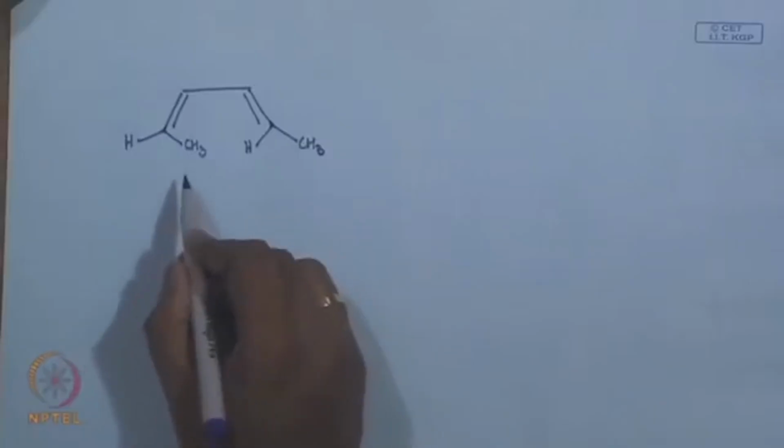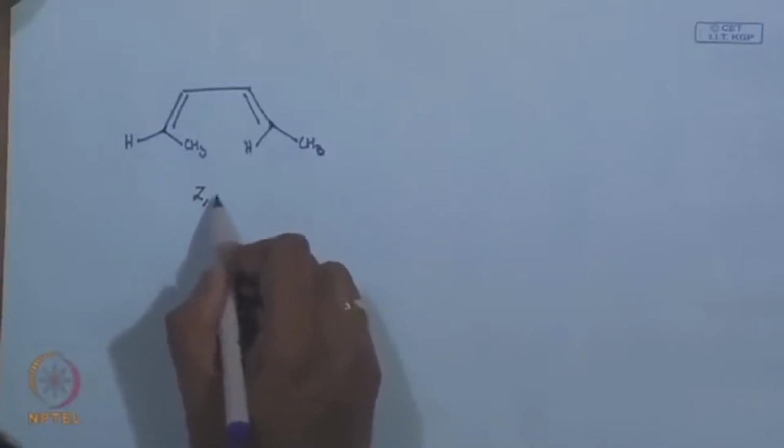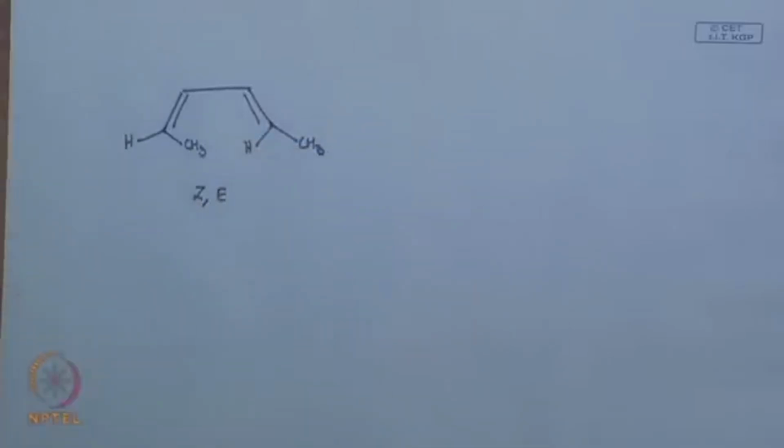When it has a substituent, now you will understand how it is important. So this is your butadiene where you have Z as well as E. Now I am giving you this system and asking you to heat this and tell me what cyclized product you are getting.